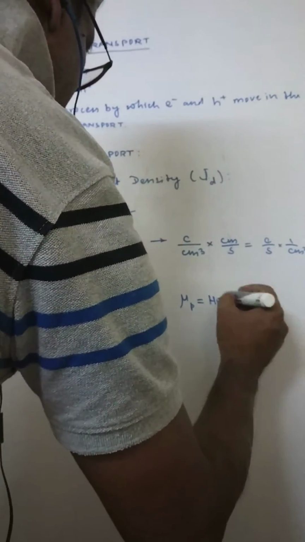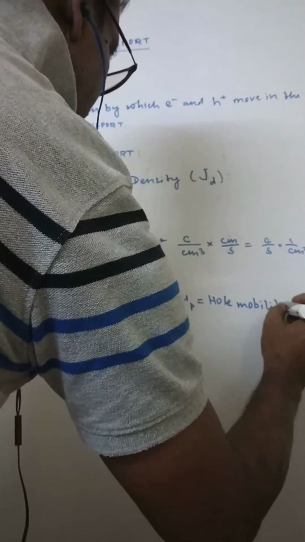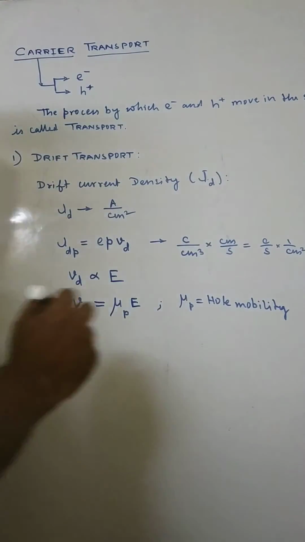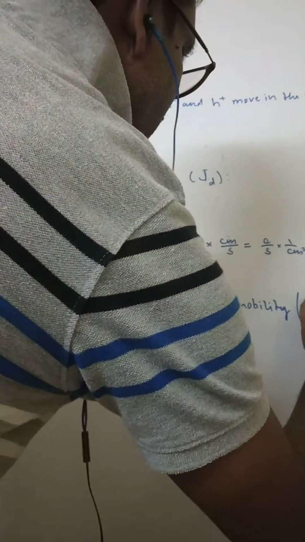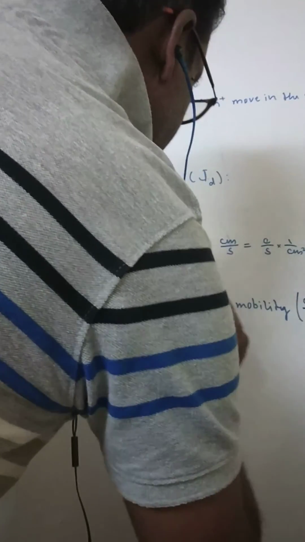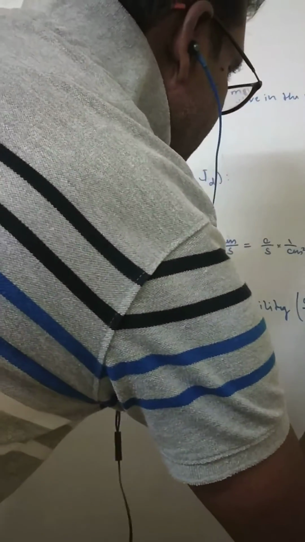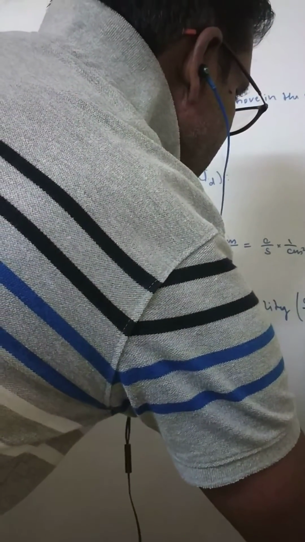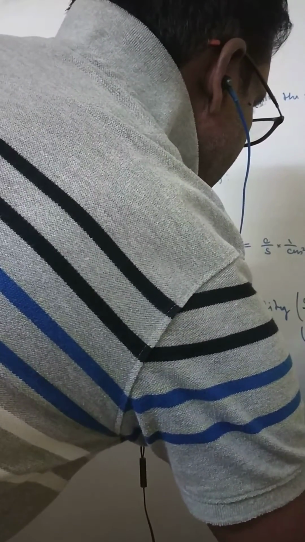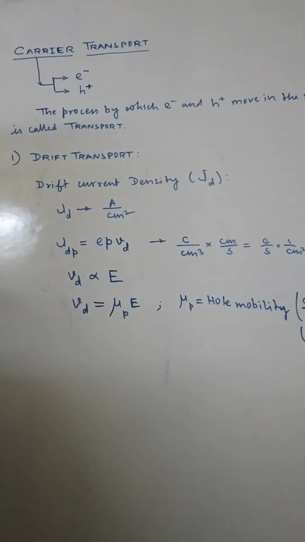Its unit is velocity by E: velocity is centimeter per second, and the unit of electric field is volt per centimeter, so this gives centimeter square per volt second. So this is the mobility of the hole.